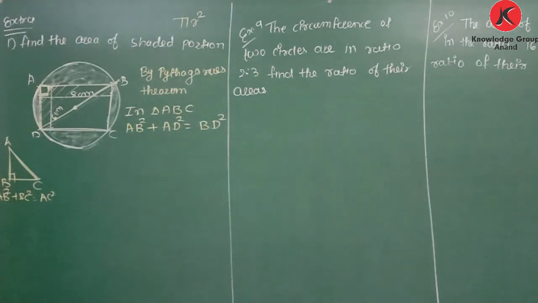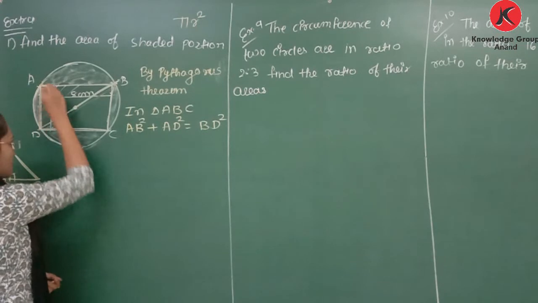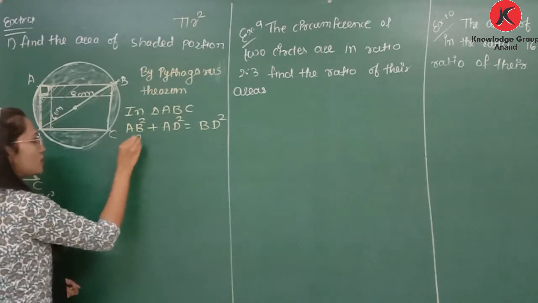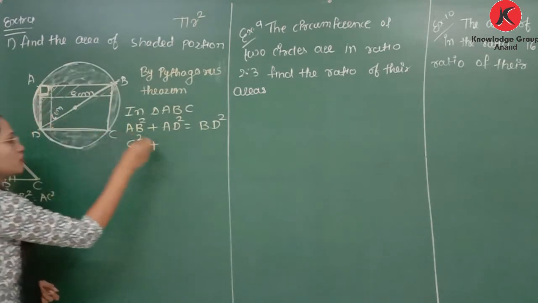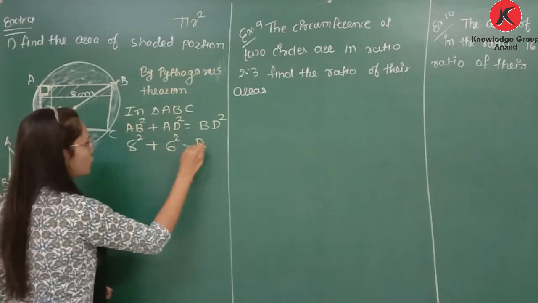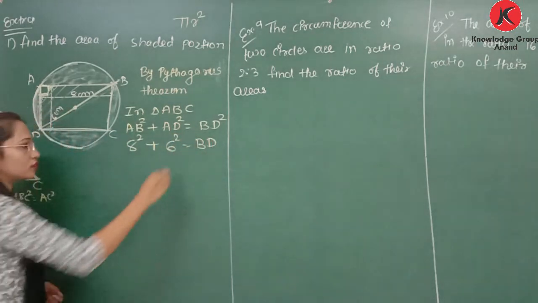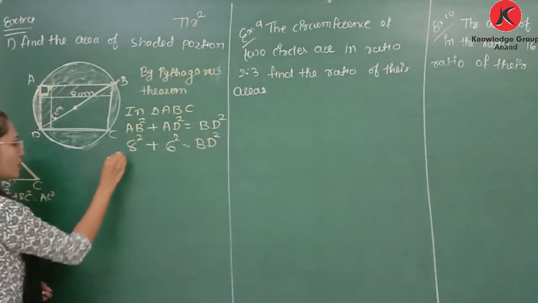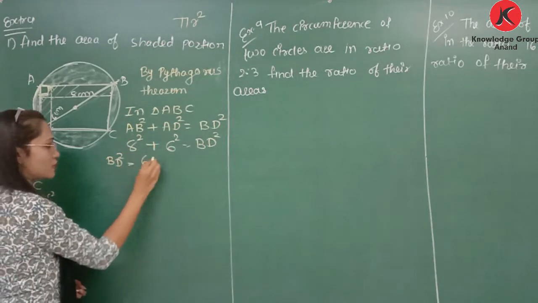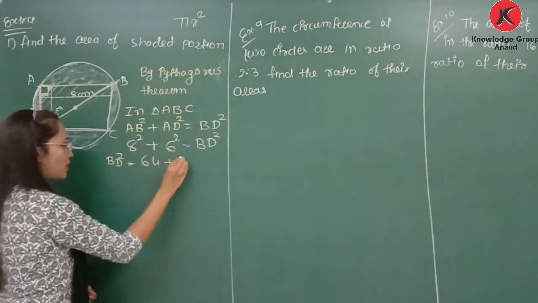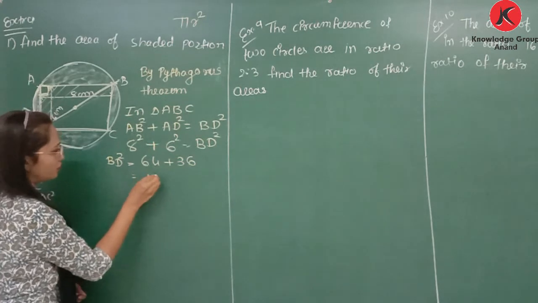Clear? So here our AB is 8 centimeter, so it is 8 square, AD is 6 centimeter, so it is 6 square, is equal to BD square. That will give the diagonal. So BD square is equal to 8 square, that is 64, plus 6 square, that is 36, so it is 100.